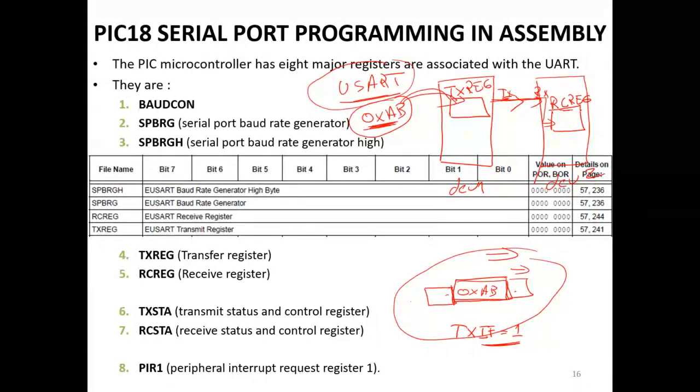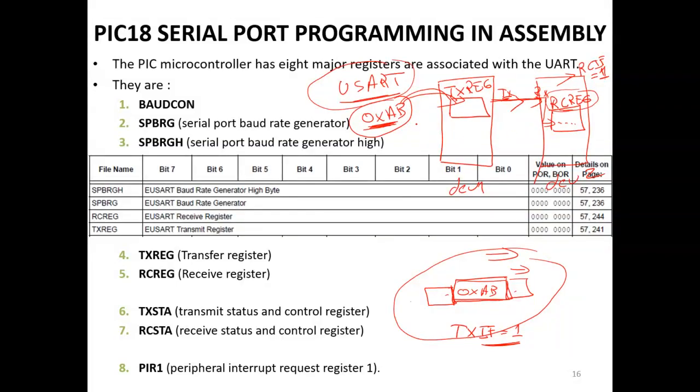When there is data available in the RC register, this device will generate an interrupt. So here the RCIF will be equal to 1. That means if the receiver receives a byte of data, after finishing the receiving of the data, the RCIF will be equal to 1. So RCIF equal to 1 means we have to read the RC register.